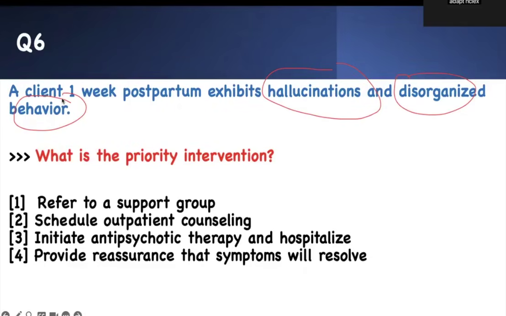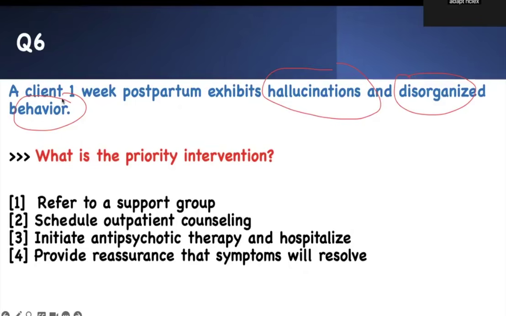When you have postpartum psychosis, the management is what? Inpatient rehabilitation and antipsychotic. Refer to support group is designed for postpartum blues. Schedule outpatient counseling is also for blues and depression. Initiate antipsychotic therapy and hospitalization is consistent with psychosis.